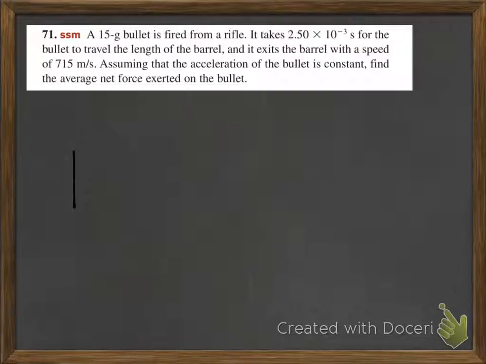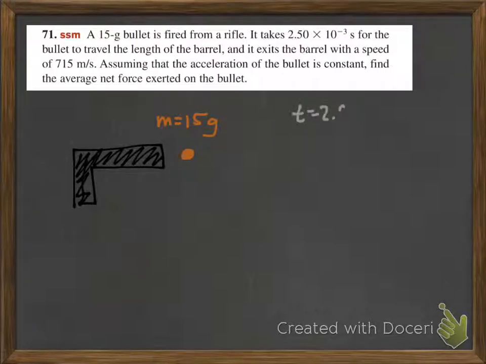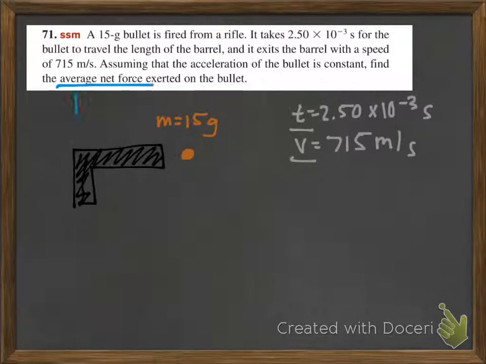So here I drew not a rifle, but a gun, and the bullet shooting from it, and we know its mass and its time, and they also give us its speed. Somewhere in here we're going to have to use the acceleration, because they ask us for the net force, and we have our mass, we just need that acceleration.